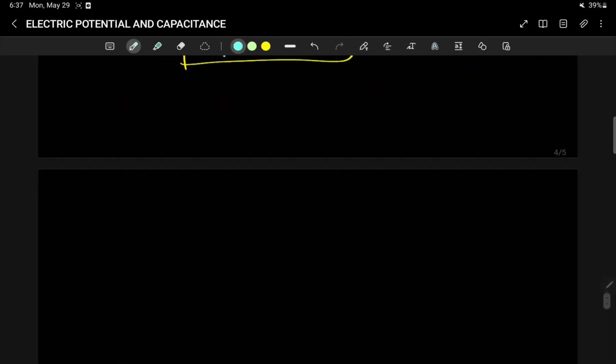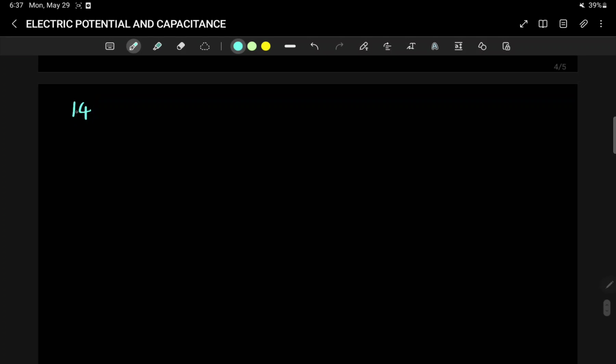Next, moving on to formula number 14. What is the expression for energy stored in a capacitor?